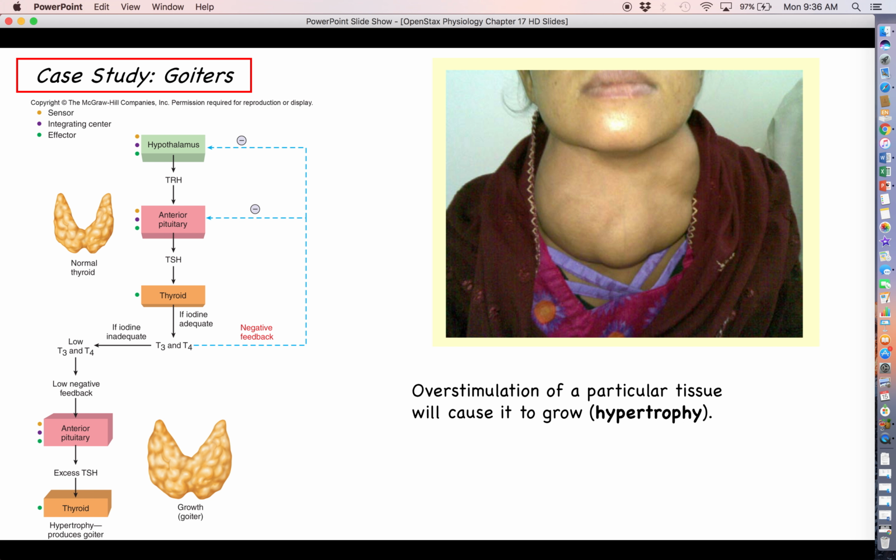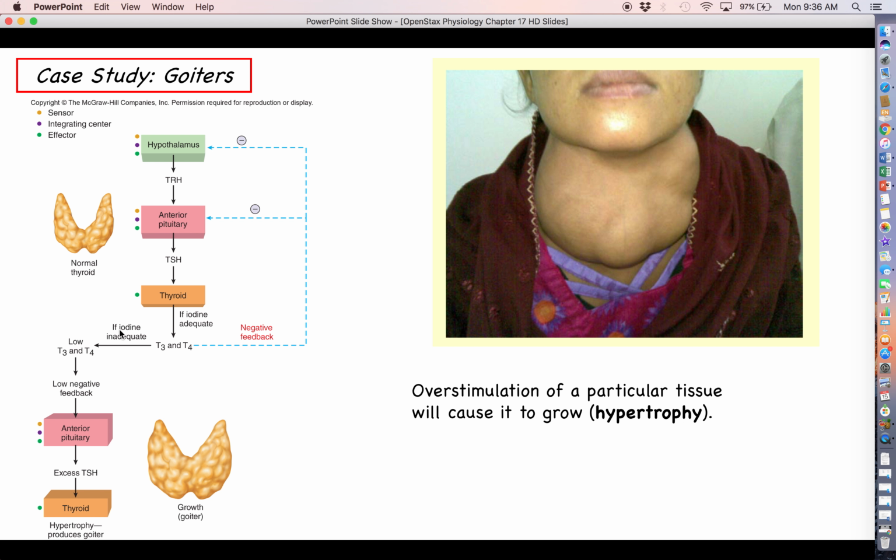But from the thyroid's perspective, it's saying, look, anterior pituitary, I hear you. I'm getting your TSH, but I literally can't make any more thyroid hormone because I don't have any iodine. Well, that doesn't matter to the anterior pituitary, but that is essentially the justification for why the thyroid is not responding to the TSH, because it doesn't have the necessary materials to make its hormone.